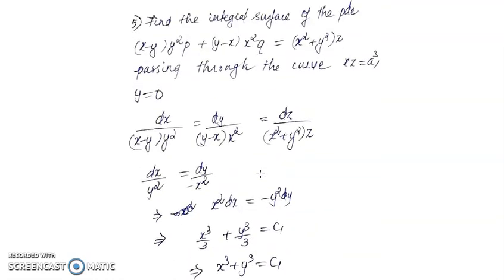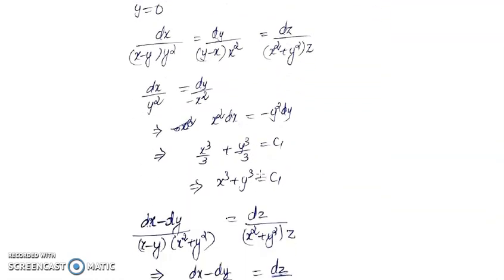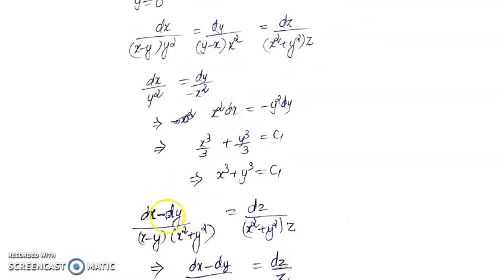Now for finding the second solution, I'll take dx minus dy. So here you will get (x minus y) into (y square minus x square). Taking x minus y common, you are going to get x square plus y square, equal to dz by (x square plus y square) into z.